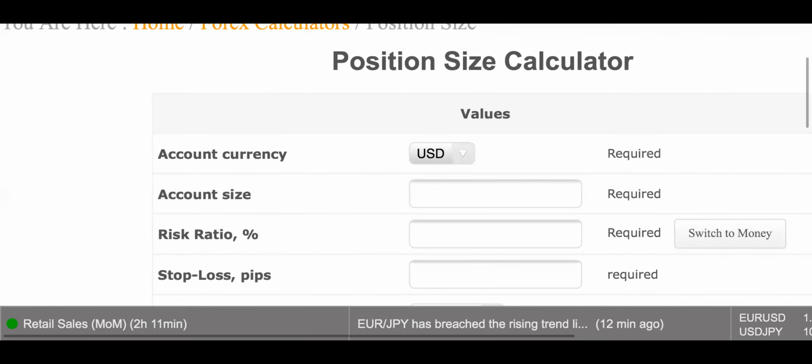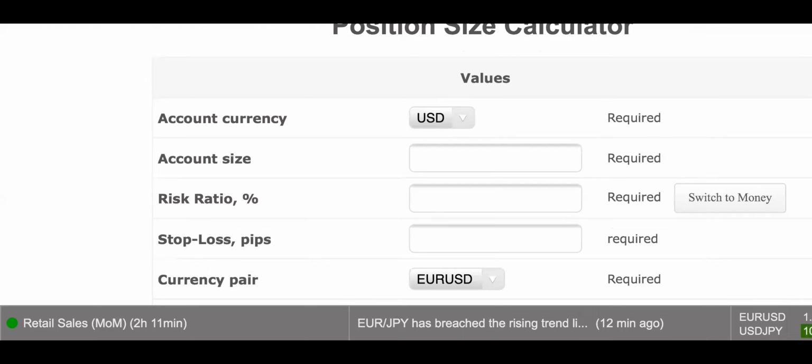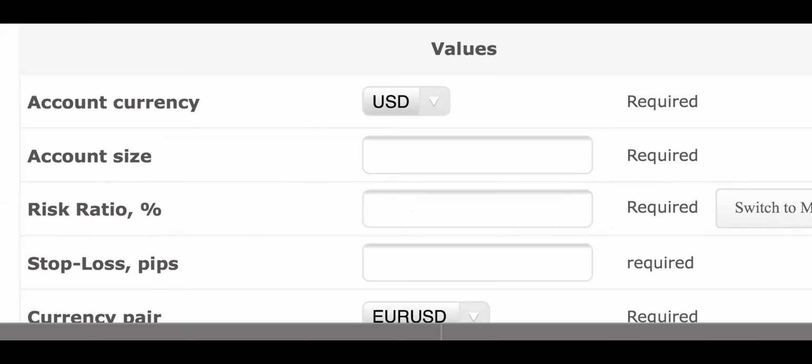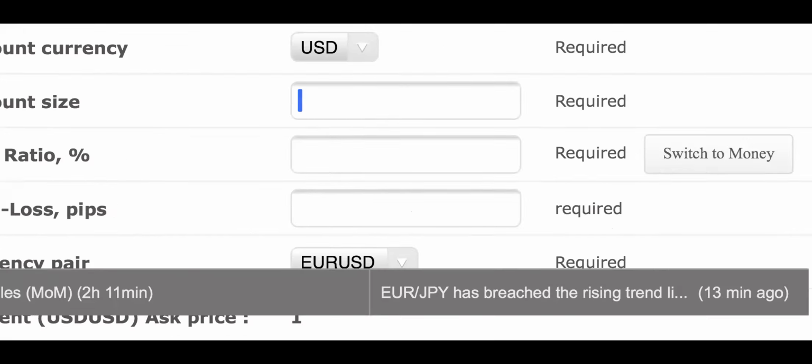Okay. So basically, with the position calculator, you put your currency. So if you're on this line and you're in the United States, you put USD. If you live in one of these other countries, Canada, Europe, Great Britain, New Zealand, whatever, you put your account currency. And then you put your account size. So let's just say my account size is $1,000.